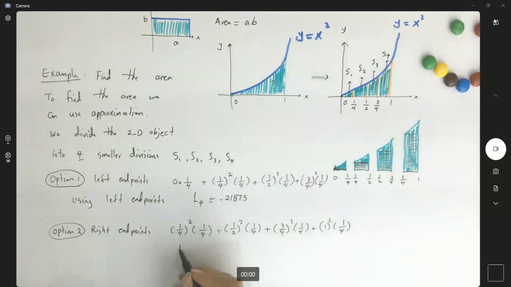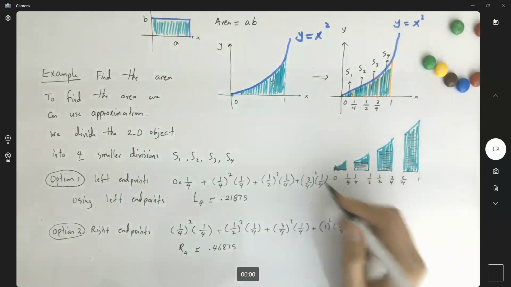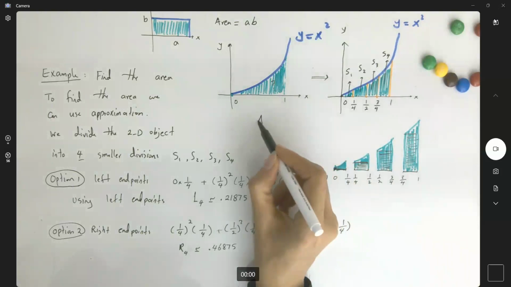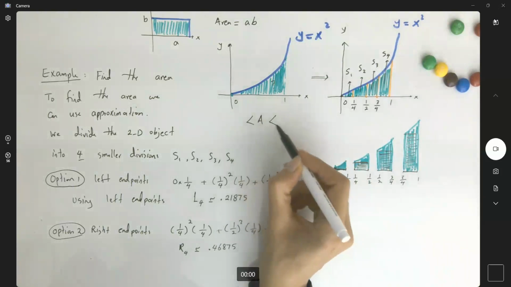All of these have the same length. This is R sub 4, which is approximately 0.46875.